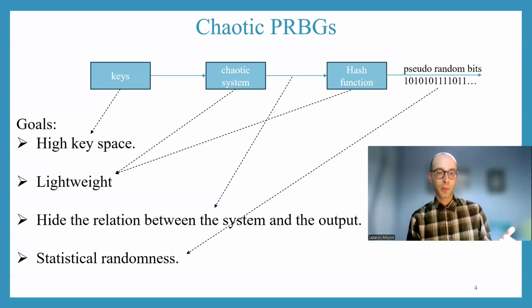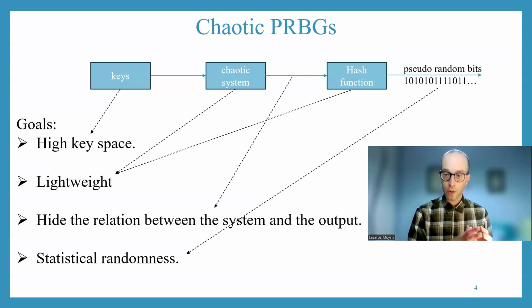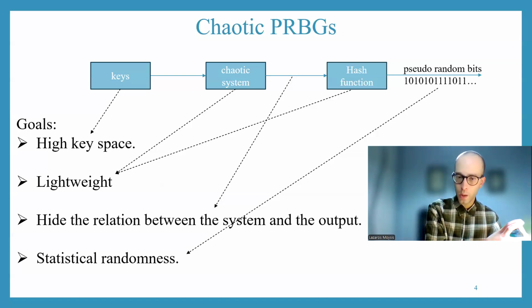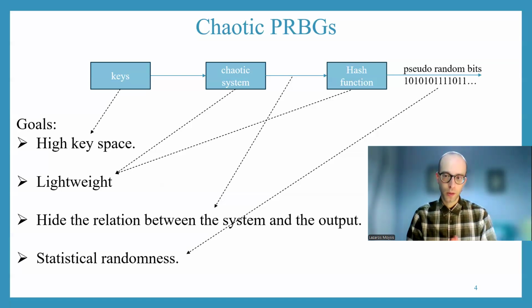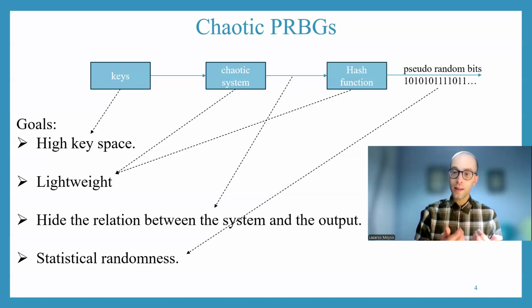Of course, another specification is the fact that the hash function that we're using needs to somehow hide the relation between the input chaotic map and the output bits. Why is this important? Because in chaotic encryption, there is going to be an adversary that tries to steal some information from you.